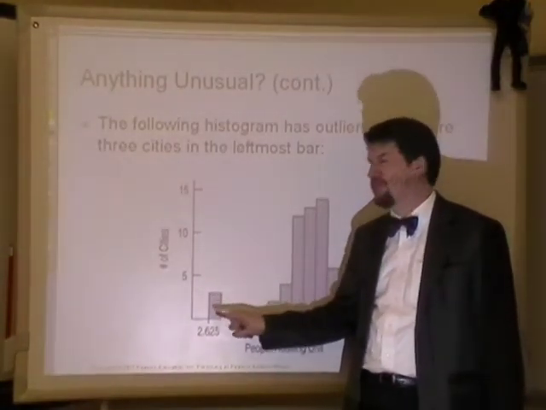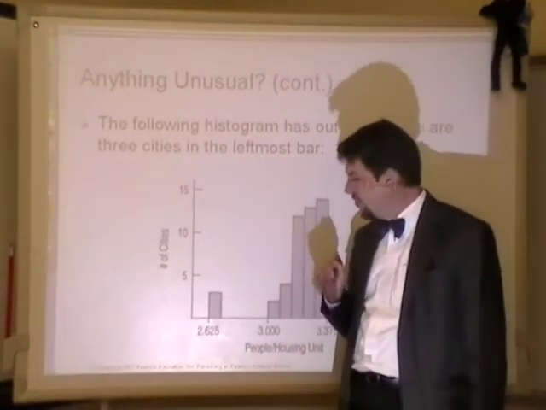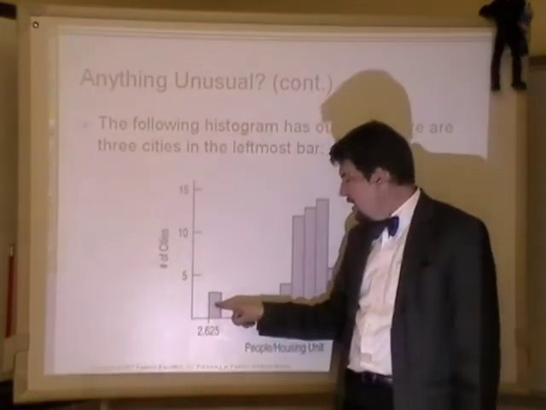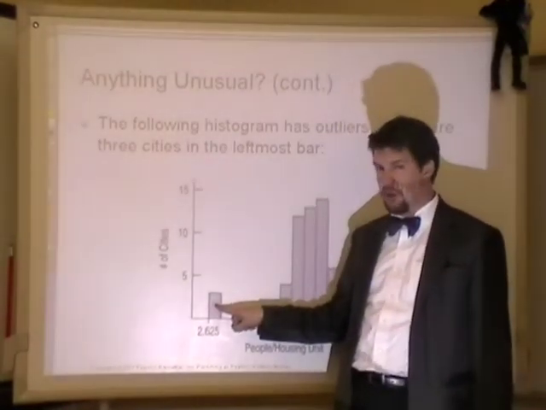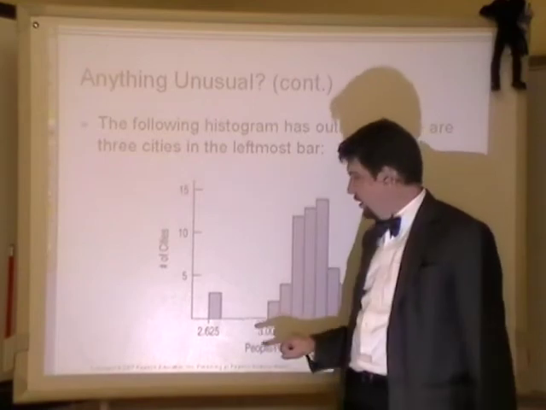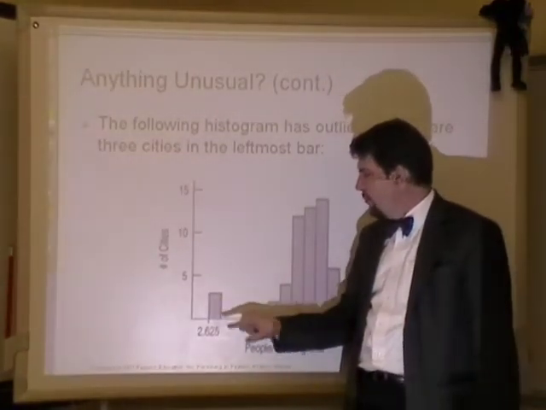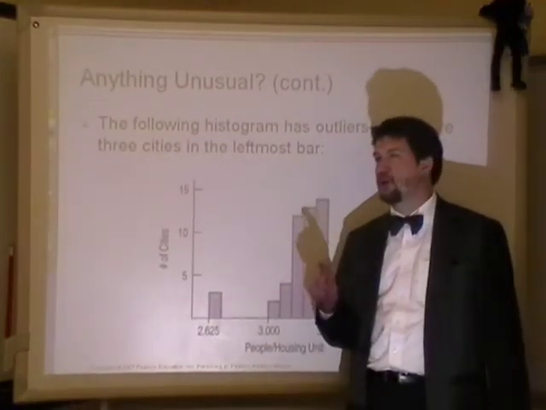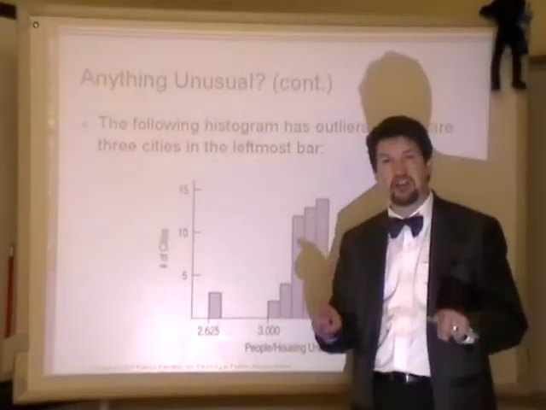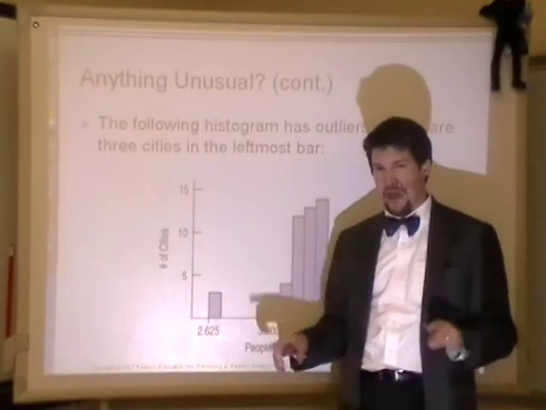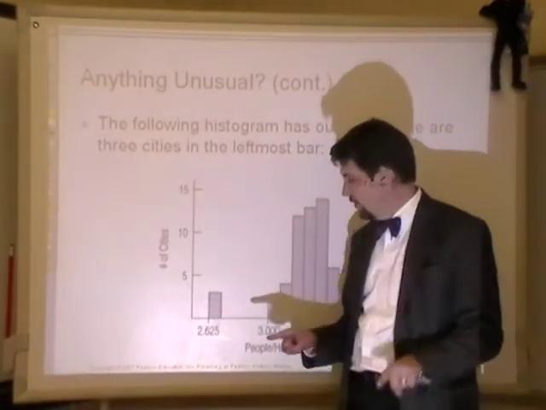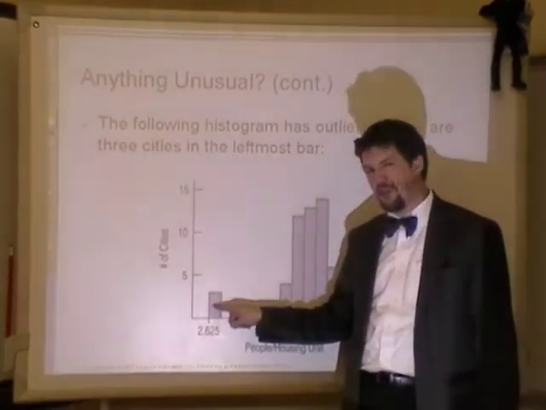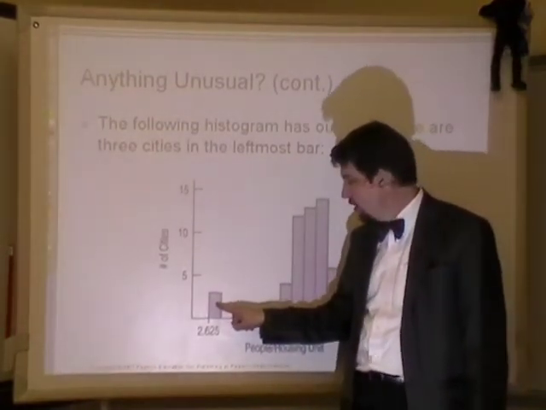And the answer that we've discovered, or at least we think it is, is that maybe these cities come from the south. And if they're in the south, maybe those southern cities have a large population of senior citizens. And those senior citizens don't have families living with them. So there's fewer people per housing unit there.